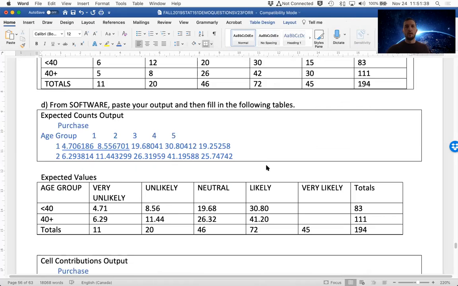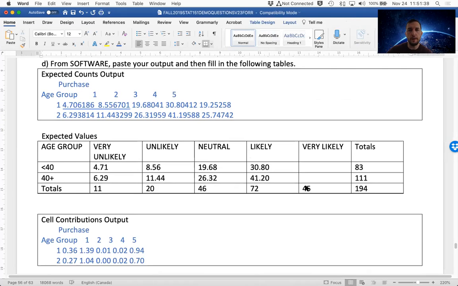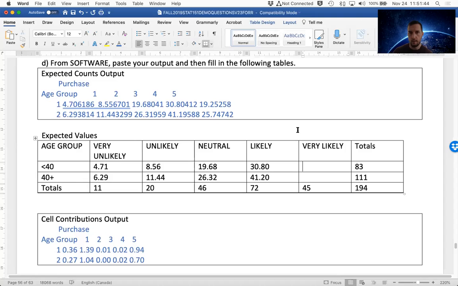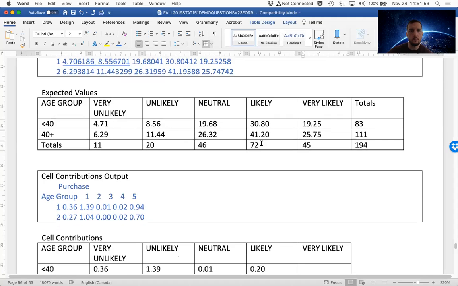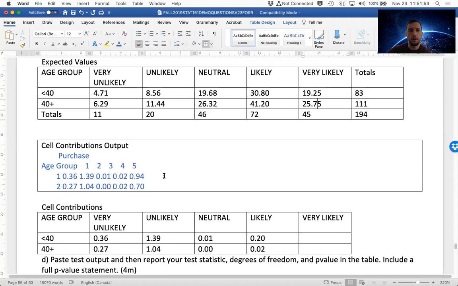All right. So here are the expected counts for this process. We can fill these in using what was given to us in Rcmdr. Here are the cell contributions.